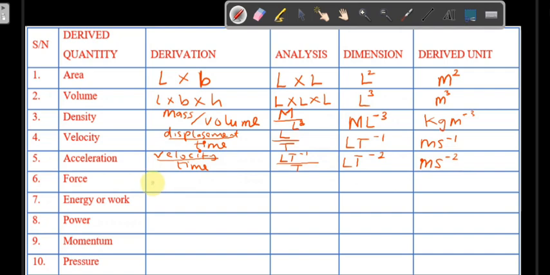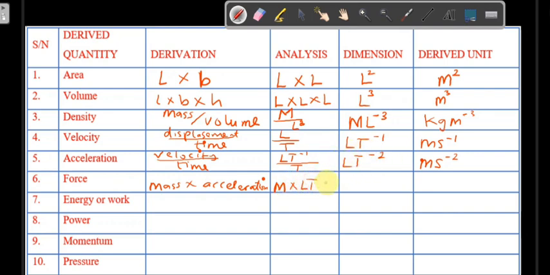Force is equal to mass times acceleration. Mass is M, and we already know the dimension for acceleration, that's LT minus 2.